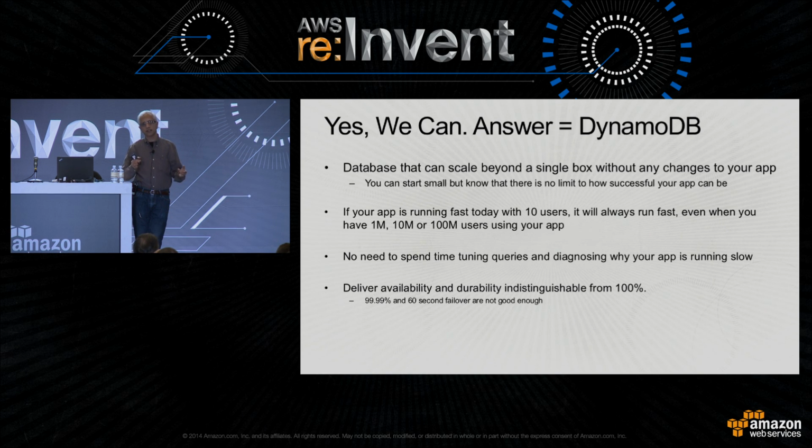You're running around trying to figure out why your queries are running slow and diagnosing why the application is coming down. None of this happens with DynamoDB, because we give you predictable performance and latencies in the single-digit milliseconds. No matter how many IOs you want or how many users are using your application, your database continues to give you the same kind of performance.